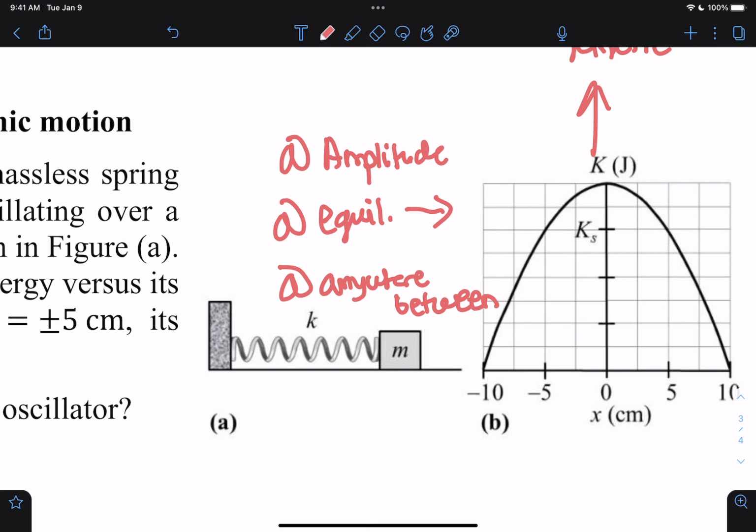So the potential is at 0, but are you asking or a little bit unsure? Potential is 0 at that point. That's absolutely correct. But do you understand why potential is 0 at equilibrium? If you're at x equals 0, why would potential be 0?